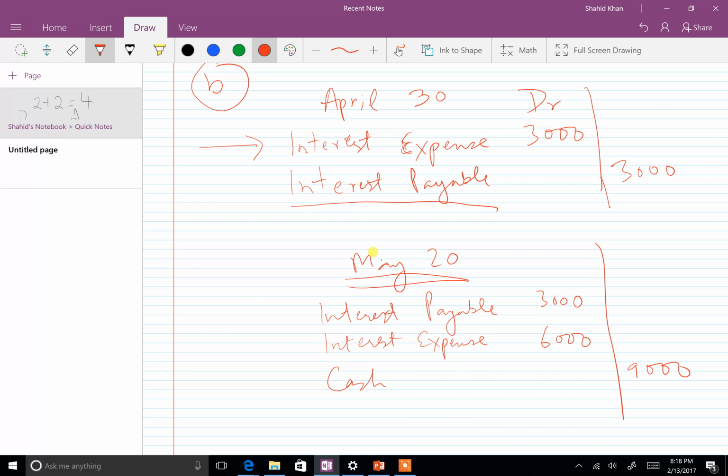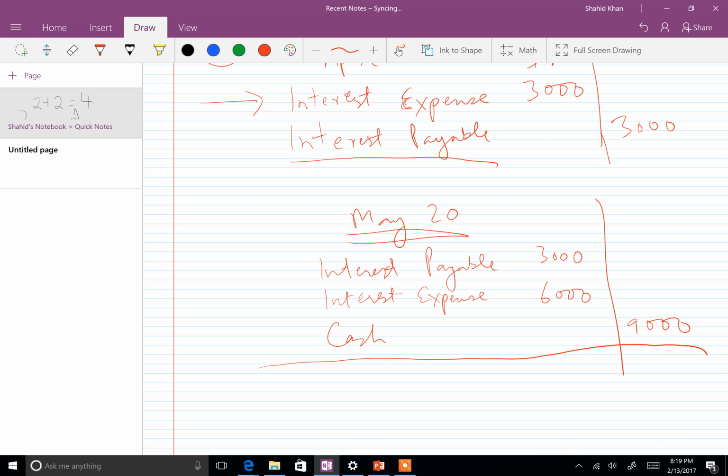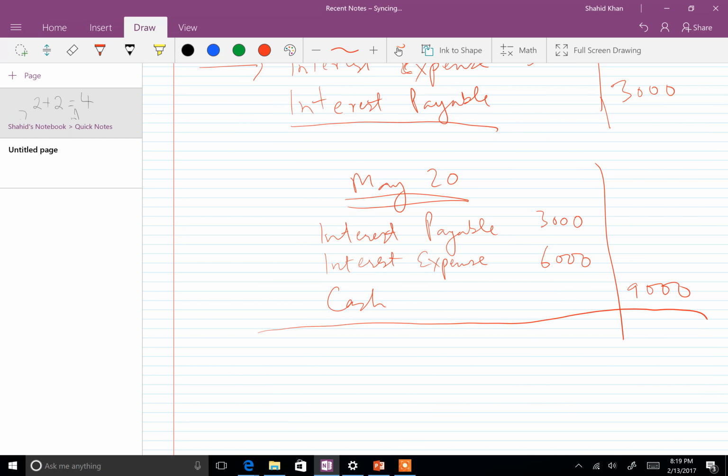That entry will take care of both the end of April adjusting entry, and also the subsequent entry when you pay that payable, and also the first 20 days of May interest expense.